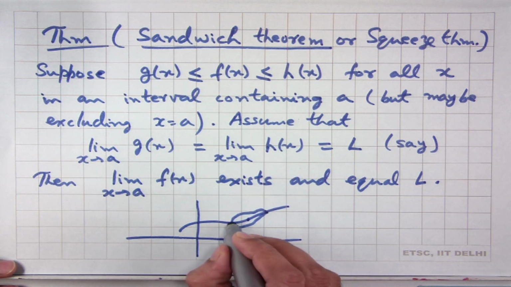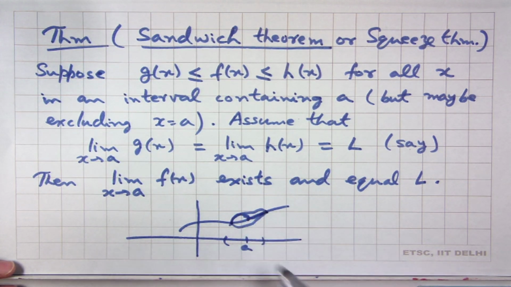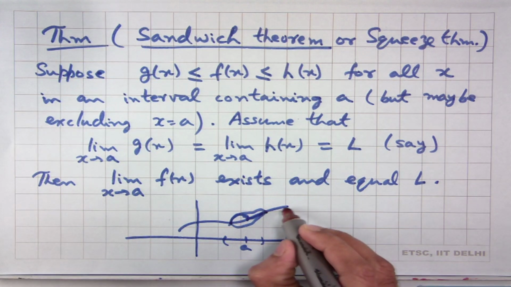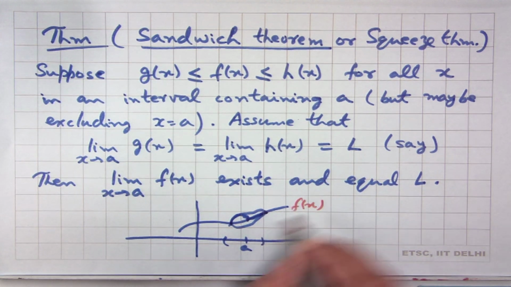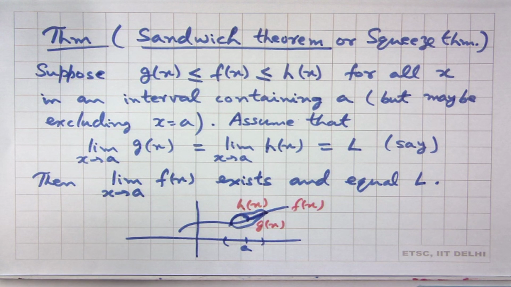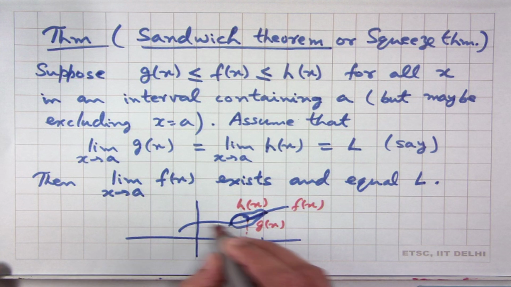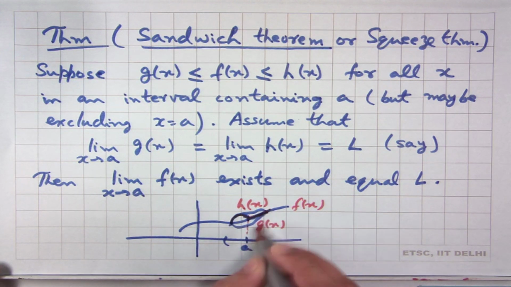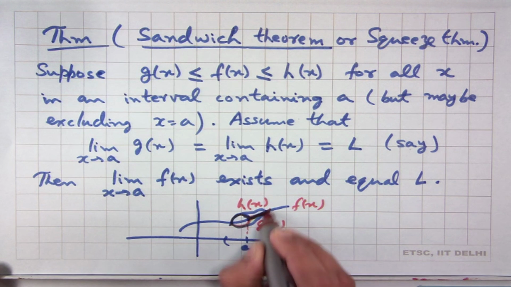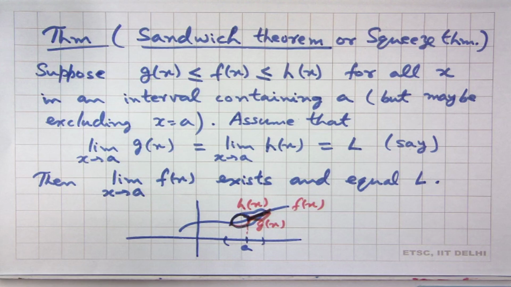So, in this case, let me draw this. So, we have f of x and we have g of x and h of x. So, in case the limit of the upper function h of x and the lower function g of x are both same, then the limit of f of x is also same.